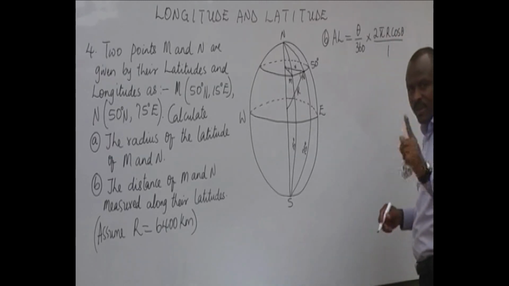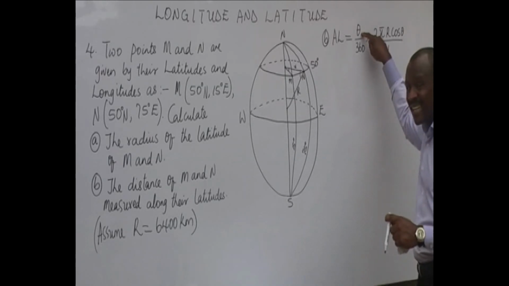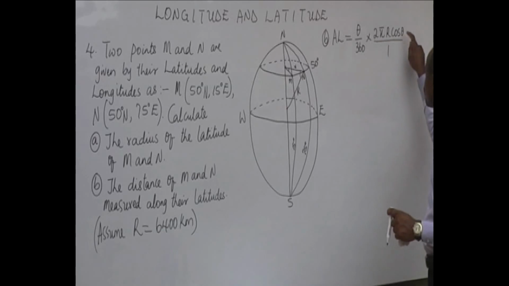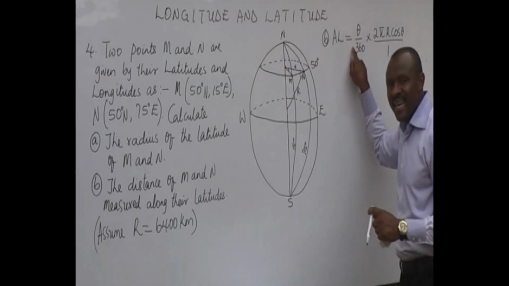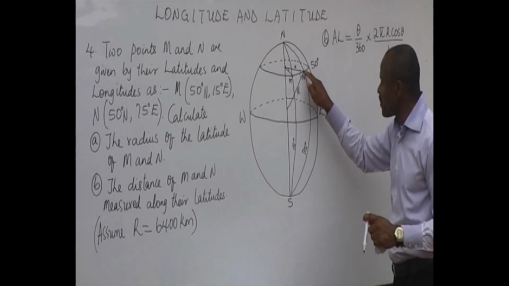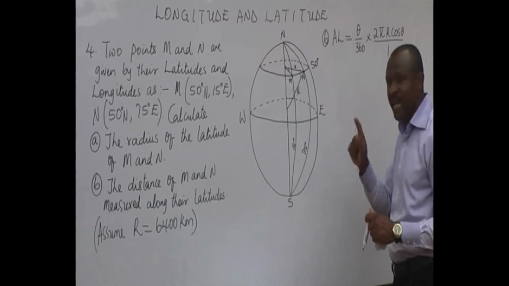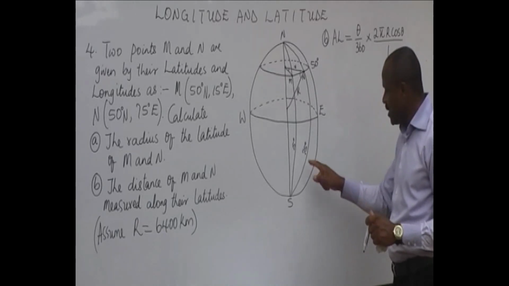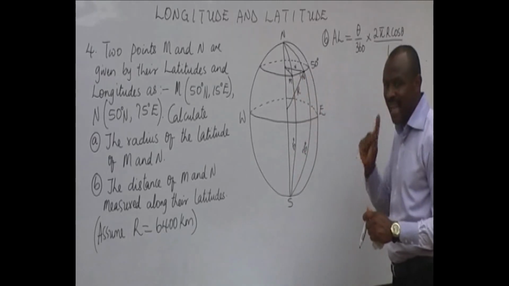Now pay attention. This theta you are going to substitute here is not the same thing as the theta you are going to substitute here. The theta you substitute here is the angle the 2 points, or the arc, subtend to the center of the circle, which you get from the difference in the lines of longitude where the 2 points lie.